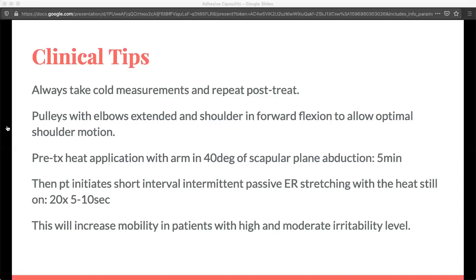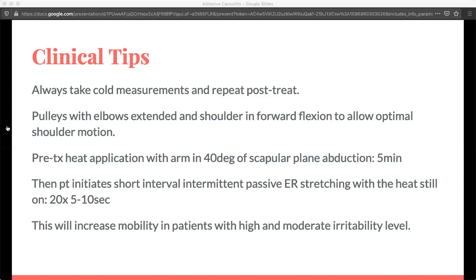I've taken the measurement as soon as they come in, I have them do this, and then I take a measurement again. Usually you find a 10 to 15 degrees difference because the pain has lessened, the muscles have relaxed, they are not contracting or inhibiting those motions.